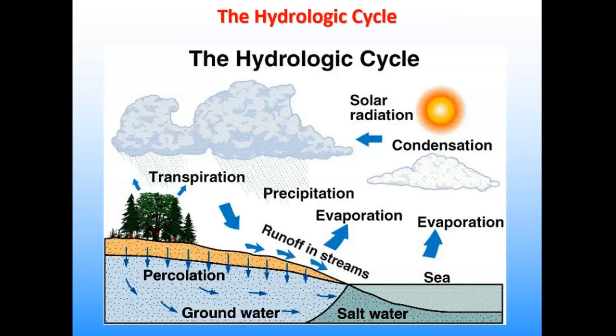So when we look at how groundwater fits in with the big picture of our hydrologic cycle, we talked a little bit about this with the rivers, of course. Here we can see that the water that ran along the surface, those are our rivers that we talked about. There's a component of the water as it reaches the ground that does percolate, or sink into the subsurface, and gets stored in the ground.